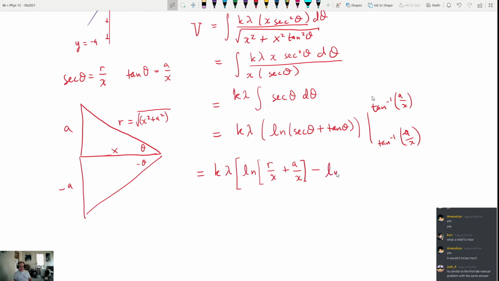Minus the natural log of the secant of negative theta, which is still r over x, plus the tangent of negative theta, which will be negative a over x. Does that look right?